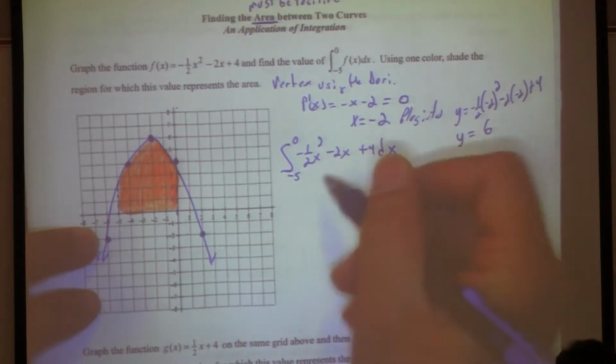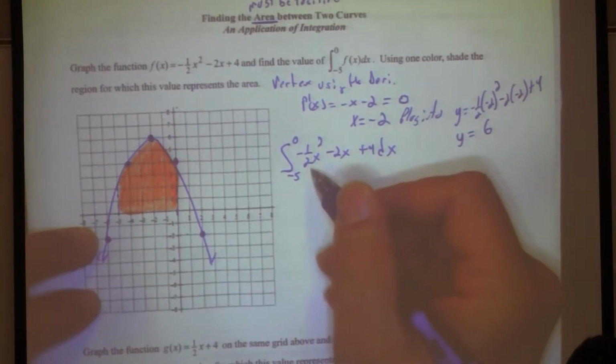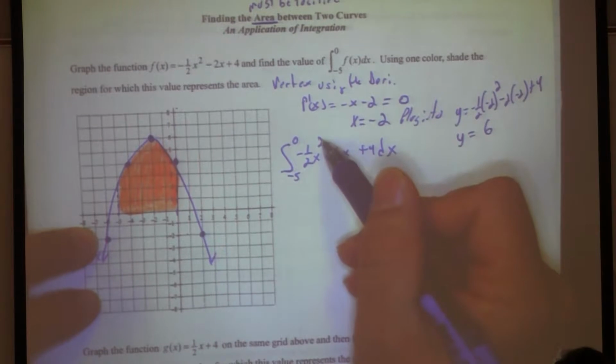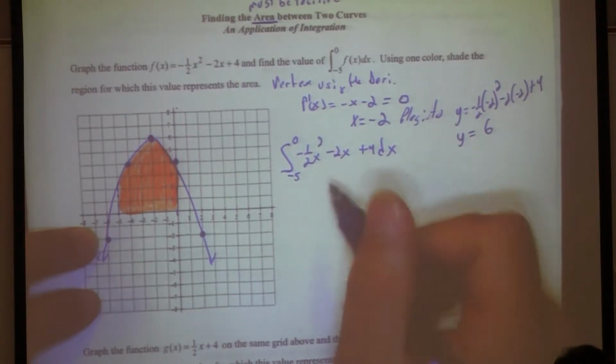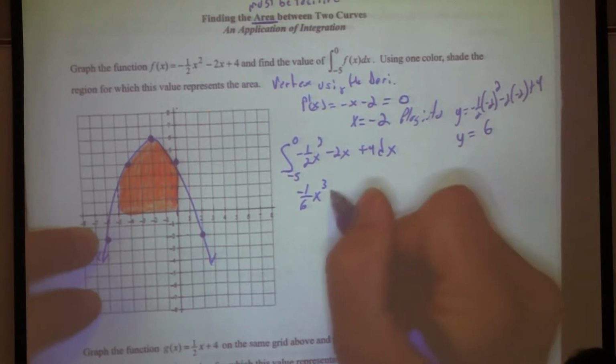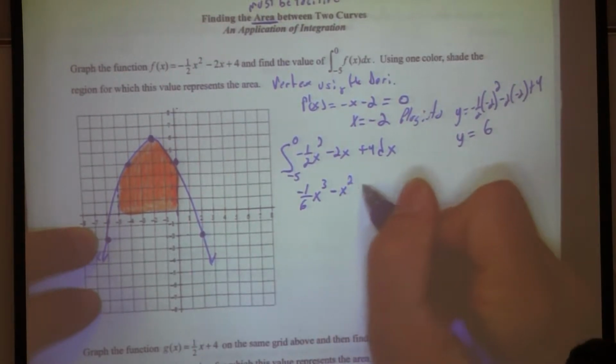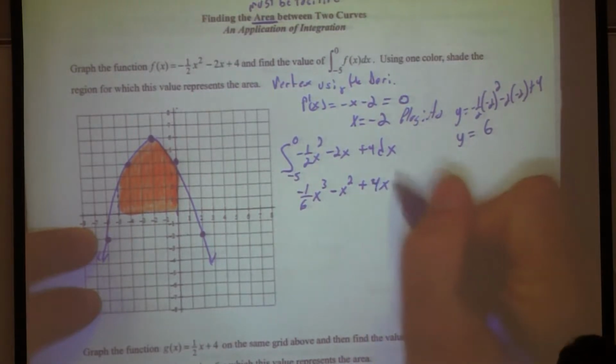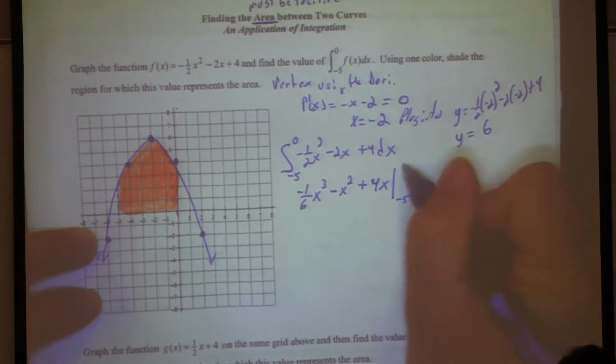Careful. We're adding 1, we get 3, and we're dividing by 3. -1 over 6 x cubed minus x squared plus 4x, evaluated from -5 to 0.